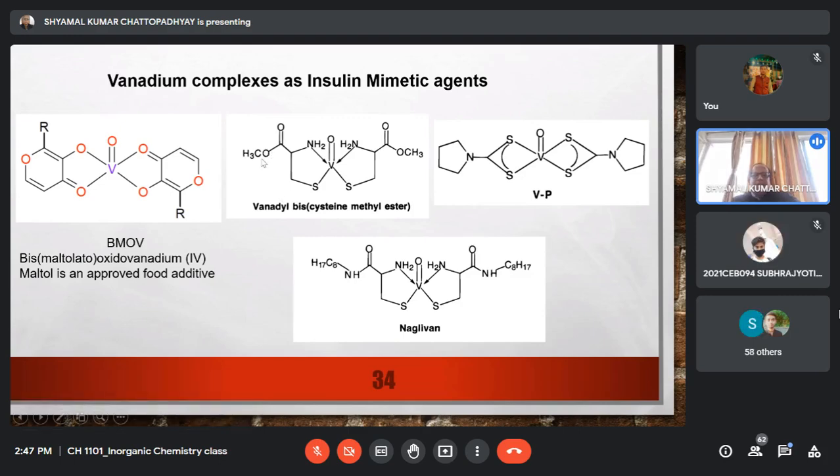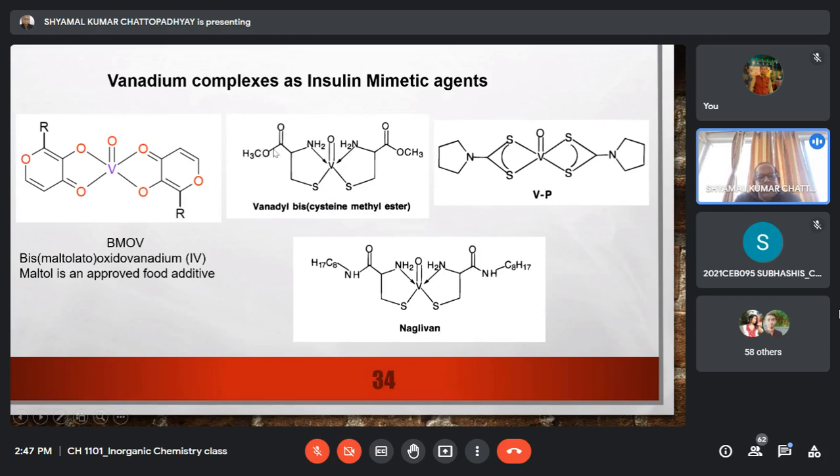When it is cysteine, we have OH here, and here we have a derivatized group, so that the lipid solubility increases. It can go inside the cell easily, and in order to increase the lipid solubility, here that OH is methylated, so it is cysteine methyl ester, right?